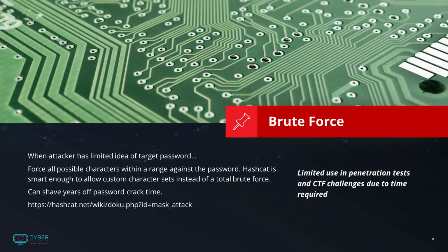And so what you can do, in doing the brute force attack, is set up a specific masking so that only particular characters will be tested at particular positions within the password, and this can shave years off of the password crack time. A true brute force would oftentimes take years, but with a great limiting of that password set, it can be done in much, much less time. I'm not going to give a demo and get too deep into this because the use is a little more limited in penetration tests and CTF challenges, but if you're interested, I've included a link in the description for this.